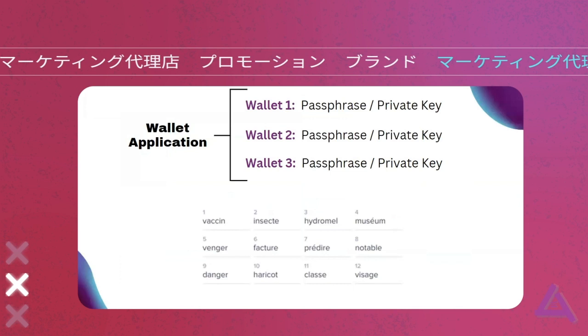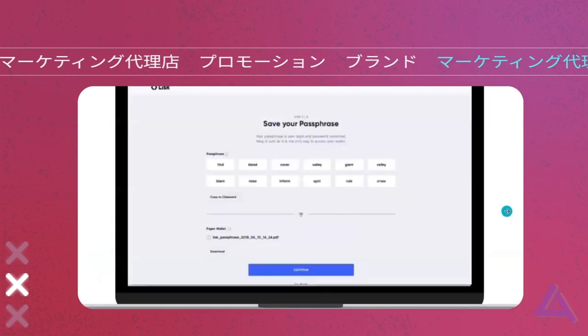For example, on MetaMask, you can have several wallets, and each wallet has a passphrase or a private key, and you have to store that private key. So that's a change in mindset, and it's difficult because users are used to what they have on Web2. It's a change in their life, because you are changing the way you access applications.